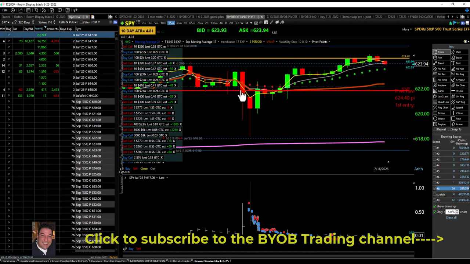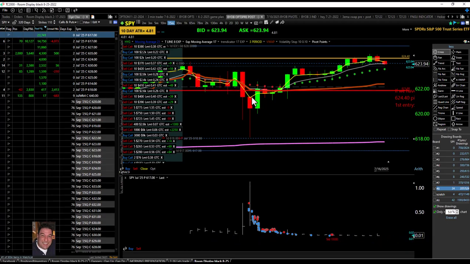I want to see price moving down, so I'm buying the lows of the option candle and selling the highs, but I'm watching the price candle to make sure it's still moving down and still in a 10-minute downtrend. About 14K on some 617 puts.